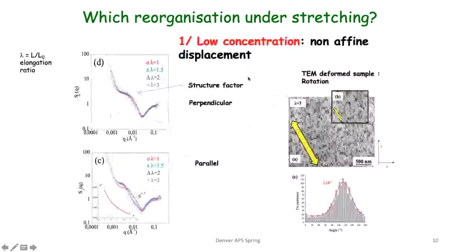Actually, one example in which the nanoparticle concentration is low, and you see here the scattering in 2 different directions on the left. Actually, this is not the scattering. This is the so-called structure factor, which represents the Fourier transform of the distances between the different clusters.